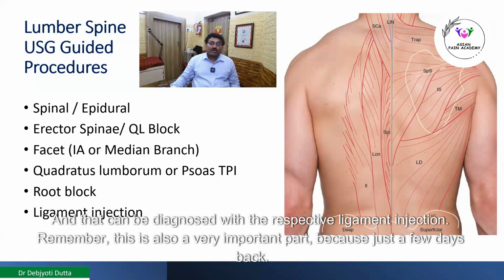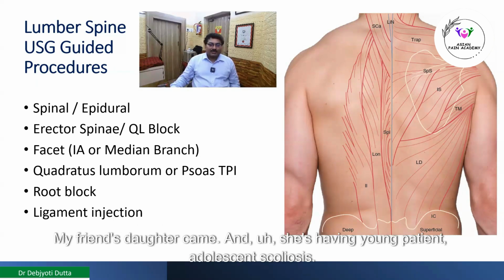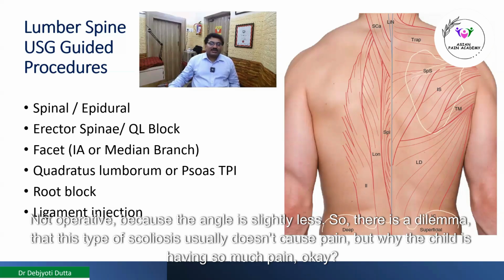Remember, this is also a very important part, because just a few days back my friend's daughter came, and she is a young patient with adolescent scoliosis, not operative because the angle is slightly less. So there was a dilemma that this type of scoliosis usually doesn't cause pain, but why is the child having so much pain?